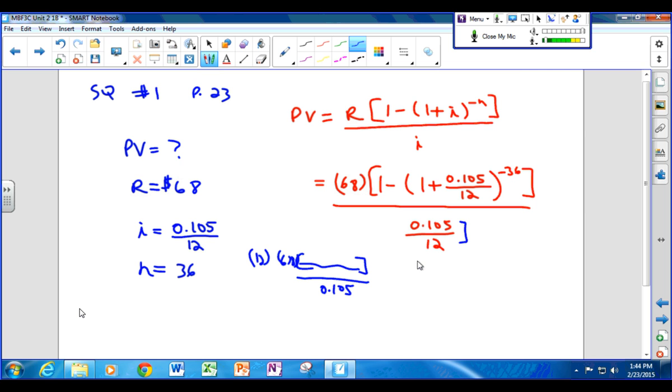The reason for that is that if I have something like, we'll call it x, divided by a over b, it's identical to saying b times x divided by a. It's exactly the same thing. So that's why you're able to make that. What I would do is just take that denominator and stick it up in the top.